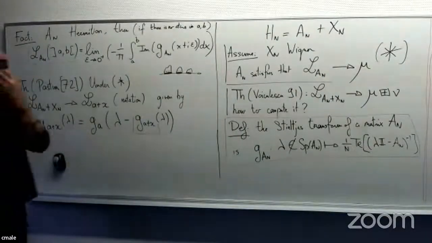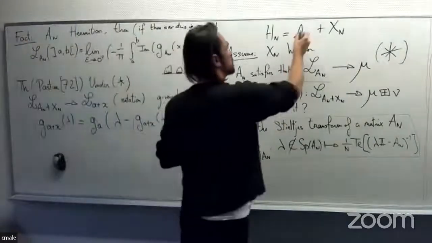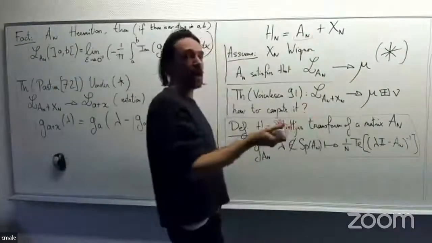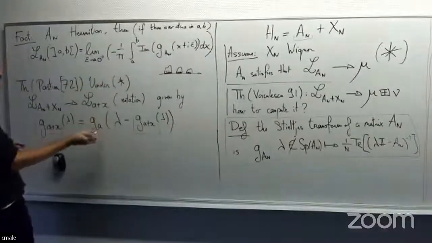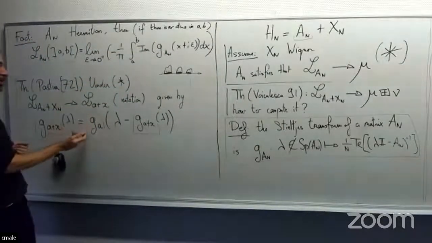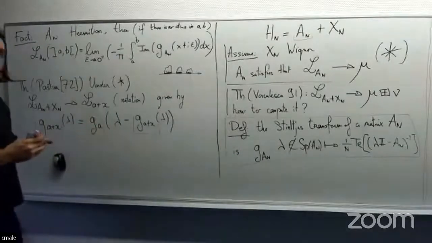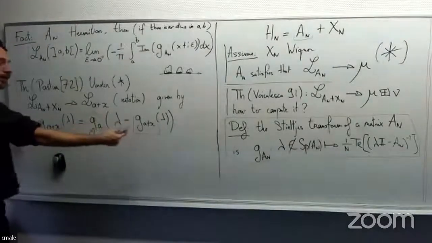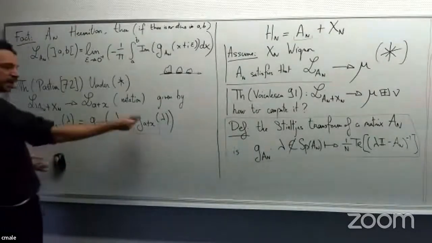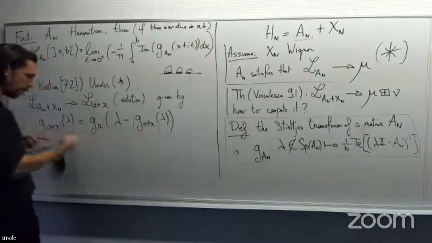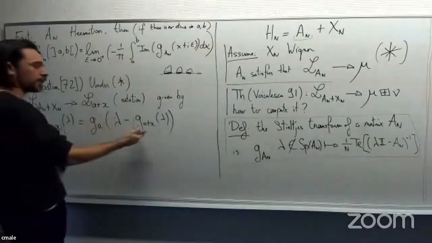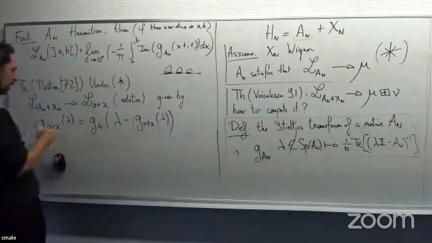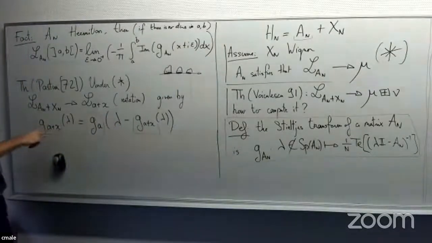Meaning that if you know well enough the distribution of eigenvalues of A_n, and you have a proposal for its Stieltjes transform, you are able to compute this ingredient. Then you can plug in a fixed point method just by initializing this and applying this equation many times in order to get a numerical approximation of the Stieltjes transform of the sum.